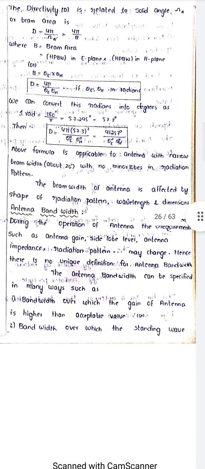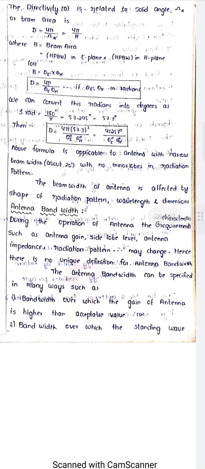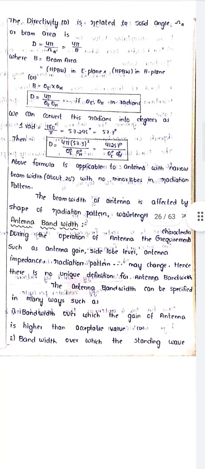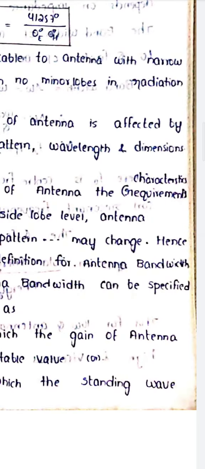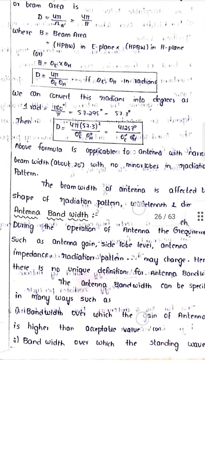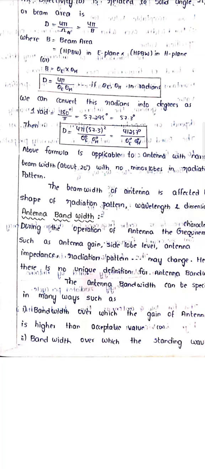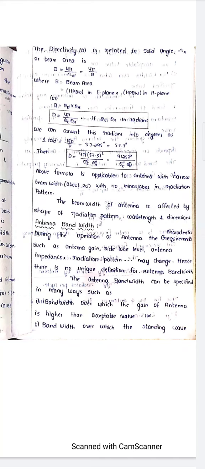So let us now discuss antenna bandwidth. During the operation of the antenna, the characteristic requirements such as antenna gain, side lobe levels, antenna impedance, and radiation pattern may change. So when we operate the antenna, some characteristic requirements are needed.